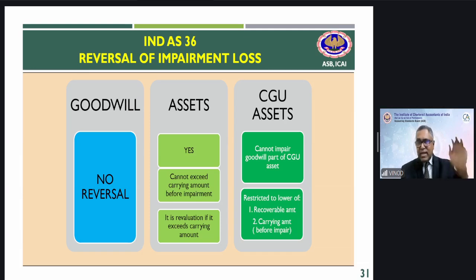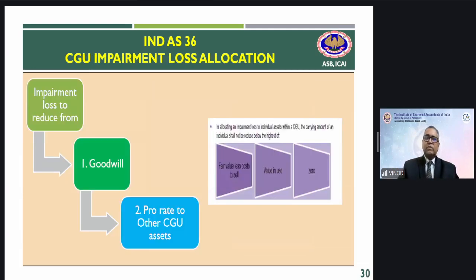Because if the carrying value with the regular depreciation is maybe 100, because of impairment gain, you are allocating it to the asset. So the asset's carrying value might increase from 100 to maybe 120 if it's a land. So that is technically revaluation. That's why you have to be careful while you reverse impairment losses.